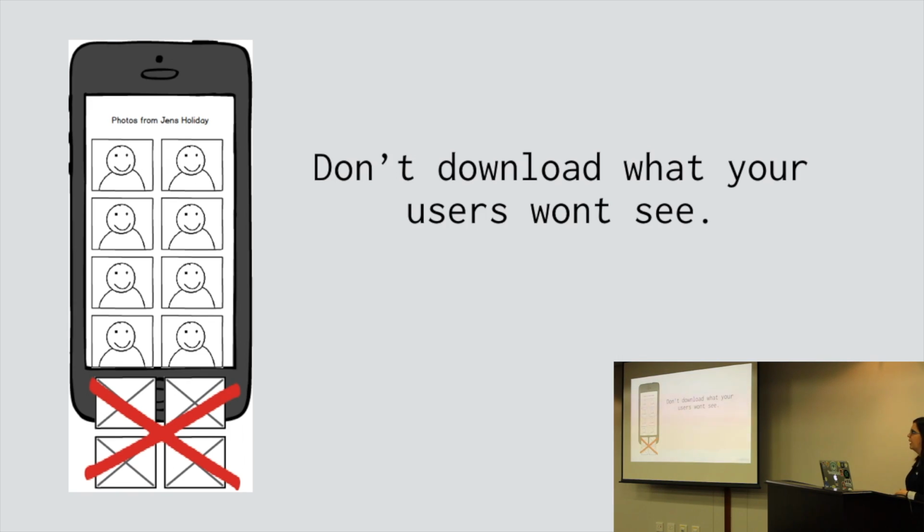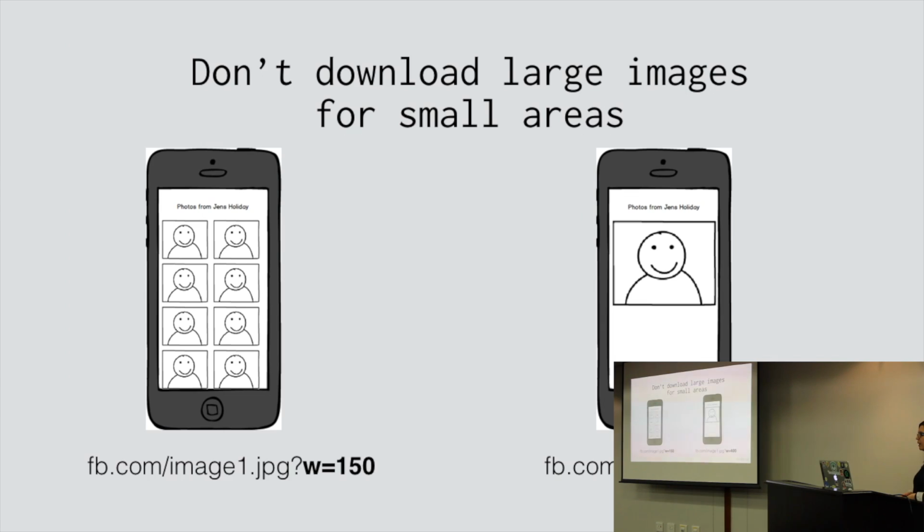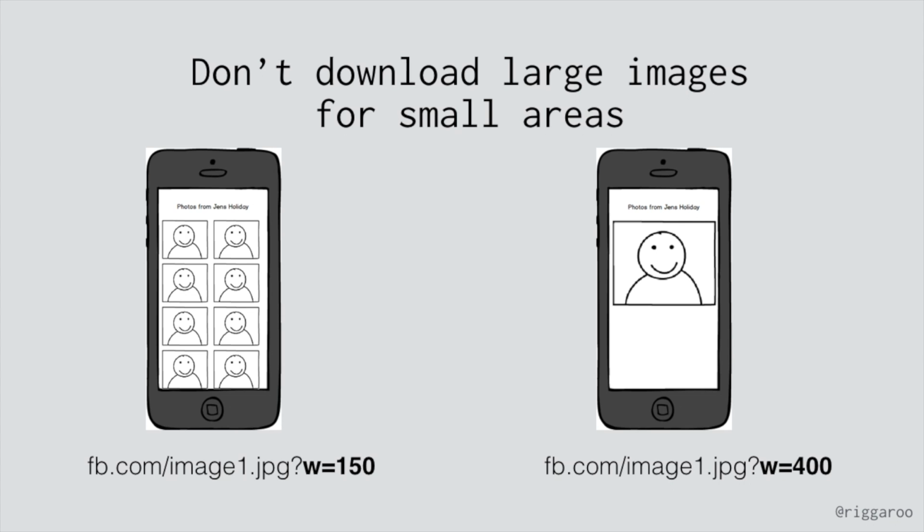Okay, so the first tip I have is don't download what your users don't see. If you have a gigantic list of images, don't download the ones that are at the bottom. They probably won't scroll to that part, right? And also don't download large images for small areas. You can have a server configured to return sizes of images that are only required for that size of your screen.